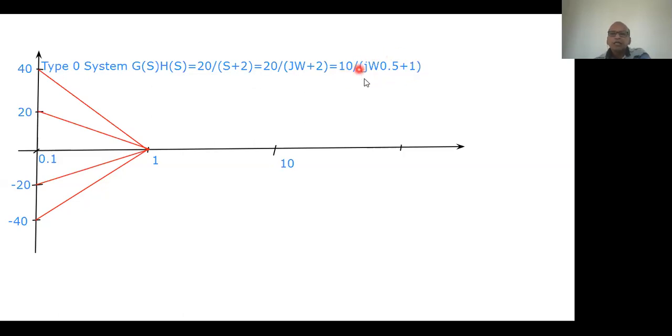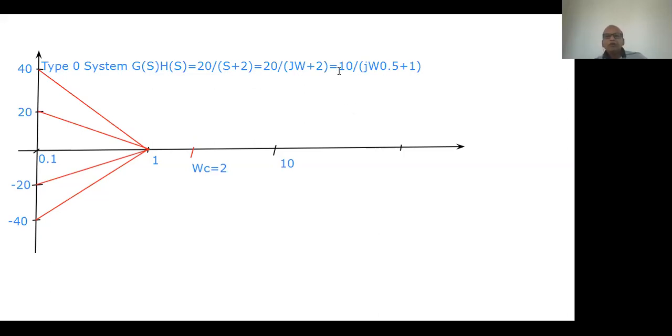For the simple pole on the real axis, the corner frequency is equal to 1 upon T. Here the corner frequency is 1 upon 0.5, equal to 2, so omega c equals 2 radians per second. And this is the corner frequency.